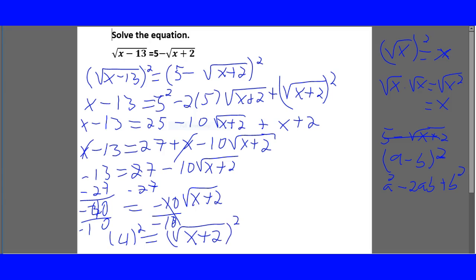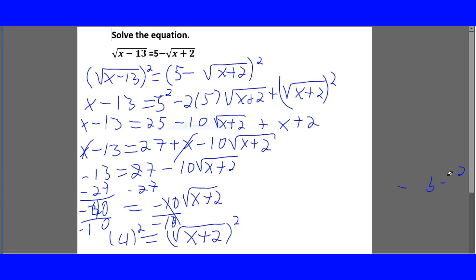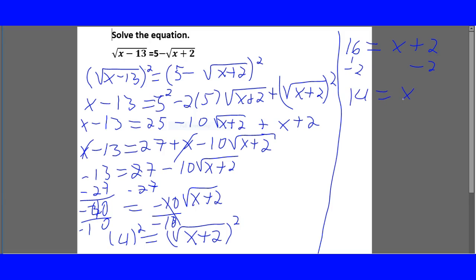So we got 16 equals x plus 2. Now we subtract 2 from both sides, and that gives 14 equal to x, or x equal to 14, which is the answer we're looking for.